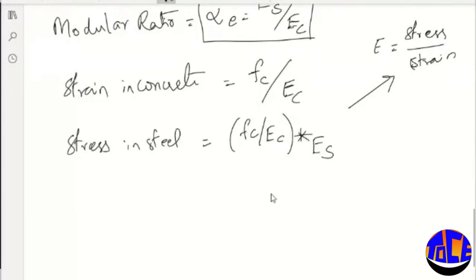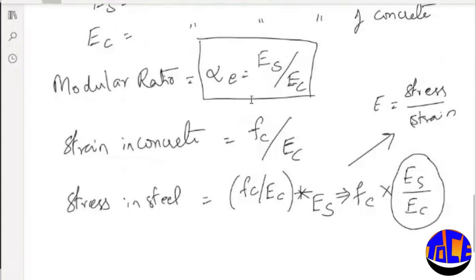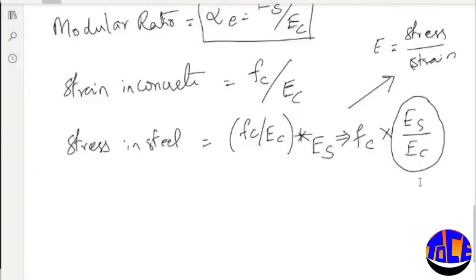Now if I separate this, it will be like this, right? Fc into Es divided by Ec. Es by Ec is the modular ratio, that is alpha E.